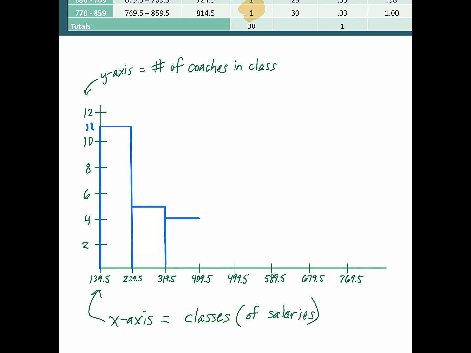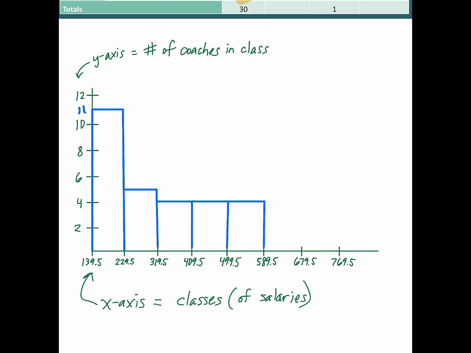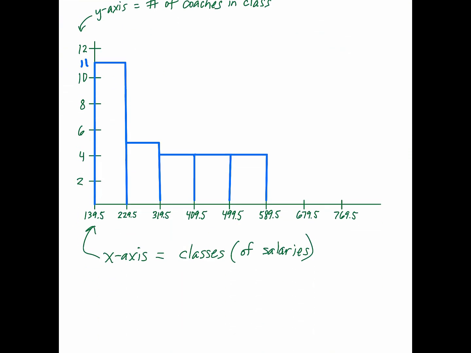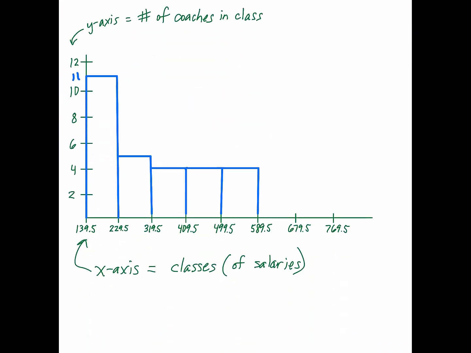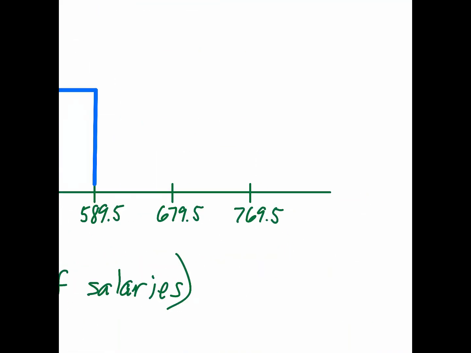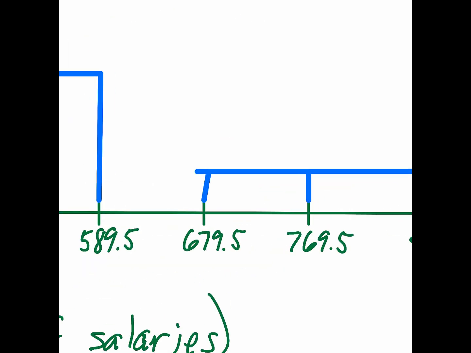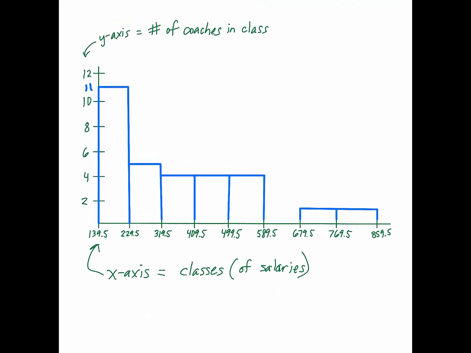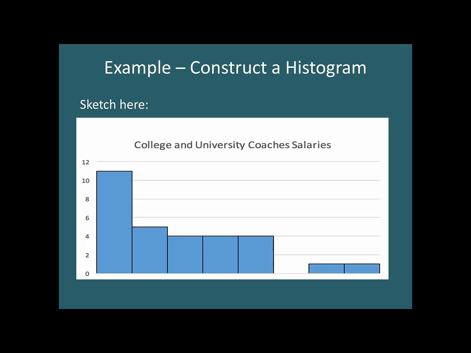Then next is 0, so there's no height there. And the last 2, there is a height of 1. There's 1 coach per those last 2 salaries. There's my histogram. And obviously there's a nicer picture here.